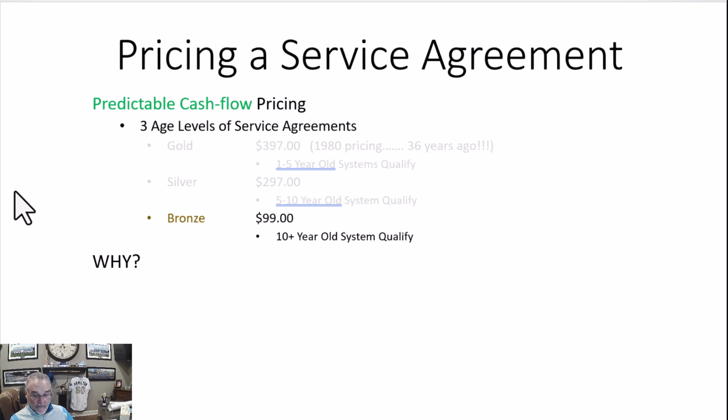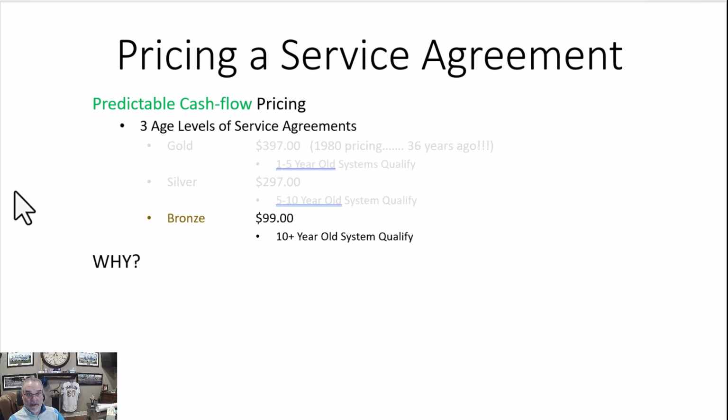Now Ron had the third agreement, a bronze agreement. It was $99 on all systems over 10 years old. You definitely don't want to lose a customer on a service agreement at a $397 level or a $297 level, but you still want to clean the system.